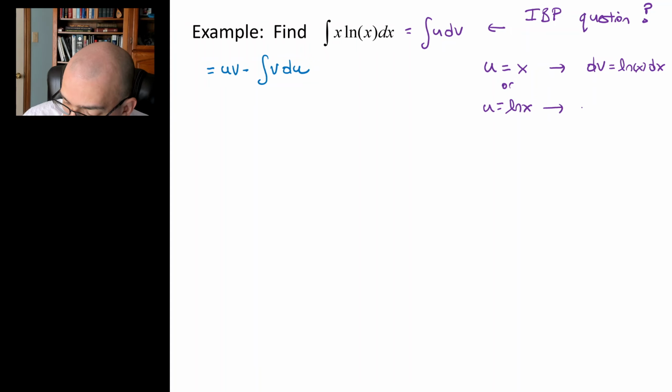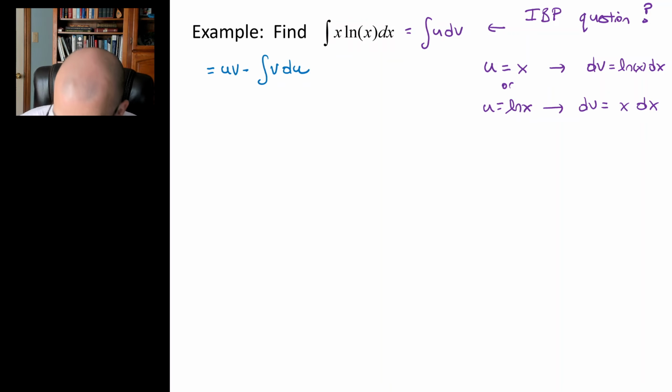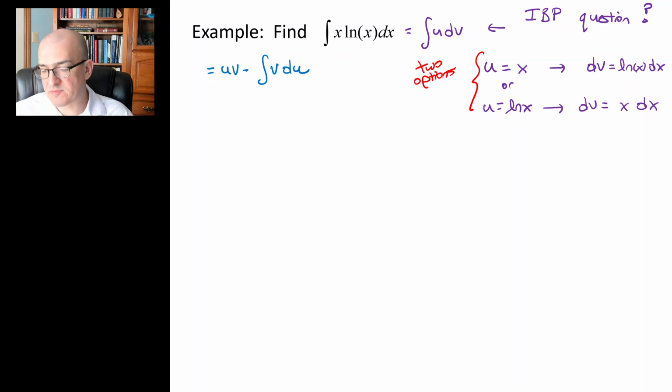If u is equal to ln of x, then dv is equal to x dx. So those are the two options that we have right now. Two options for splitting this. Which one should we use? Well, let's think about integrating dv.